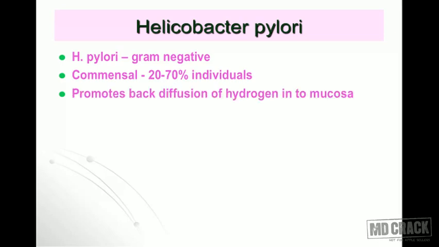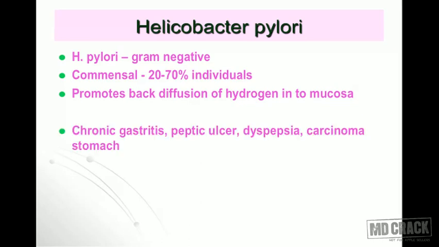It can promote the back diffusion of hydrogen into mucosa. So there will be factors due to which this commensal, which is present in 20 to 70% of individuals, will start producing this effect, and there will be back diffusion of hydrogen into the mucosa, and this will be responsible for causation of peptic ulcer.